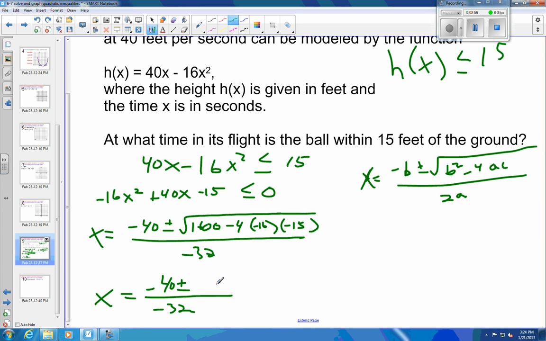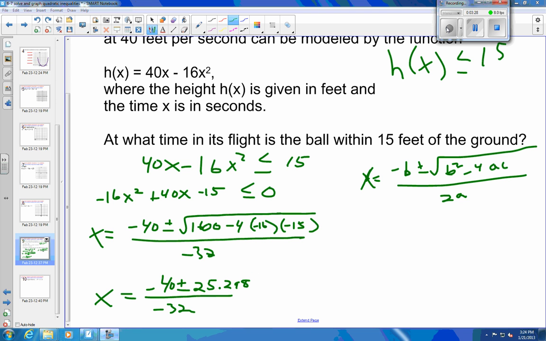That's going to be the square root of 1600 minus 4 times negative 16 times negative 15, and I get 25.298, and we can worry about our decimals later.